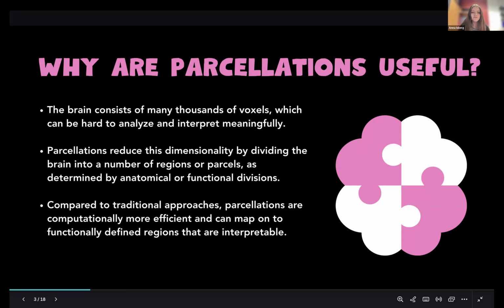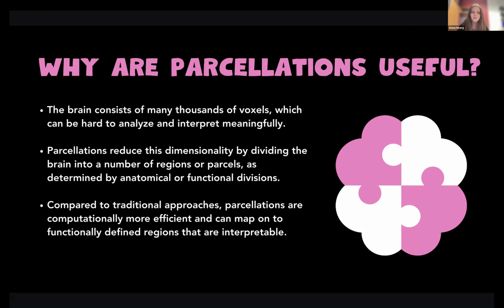The brain consists of many thousands of voxels, and this can be hard to interpret meaningfully just due to the amount of data. Breaking the brain down into parcels can help with dimensionality reduction and is more computationally efficient, looking at regions or parcels that can be determined by anatomical or functional divisions of the brain.